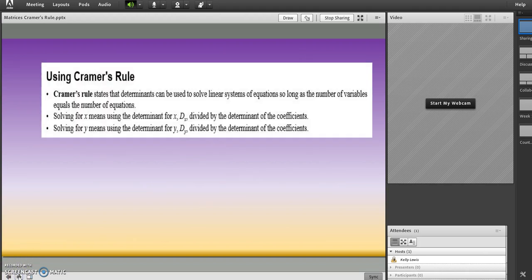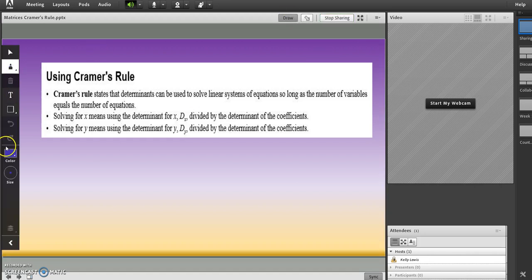All right, so Cramer's rule is a way to solve a system of equations. We're going to use it to solve a 2 by 3 system, which means it's got 2 variables, 2 rows and 3 columns.